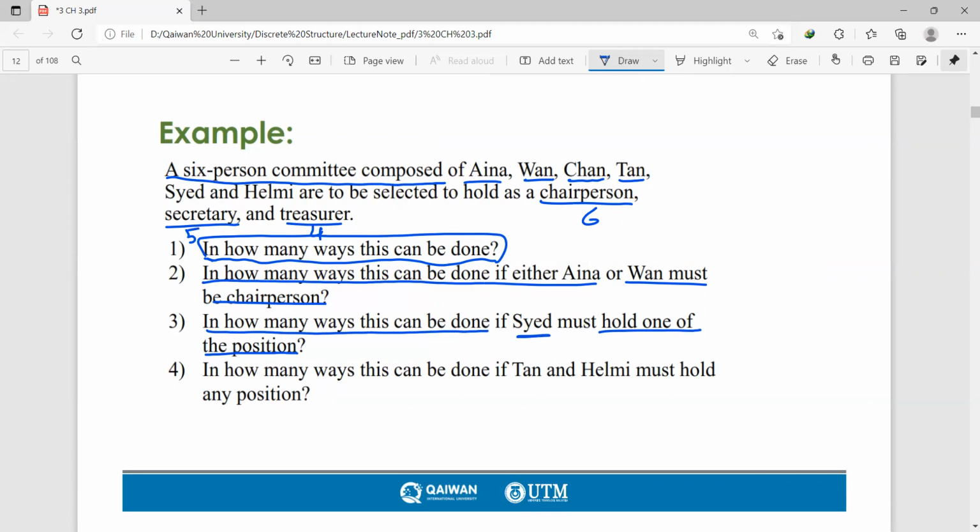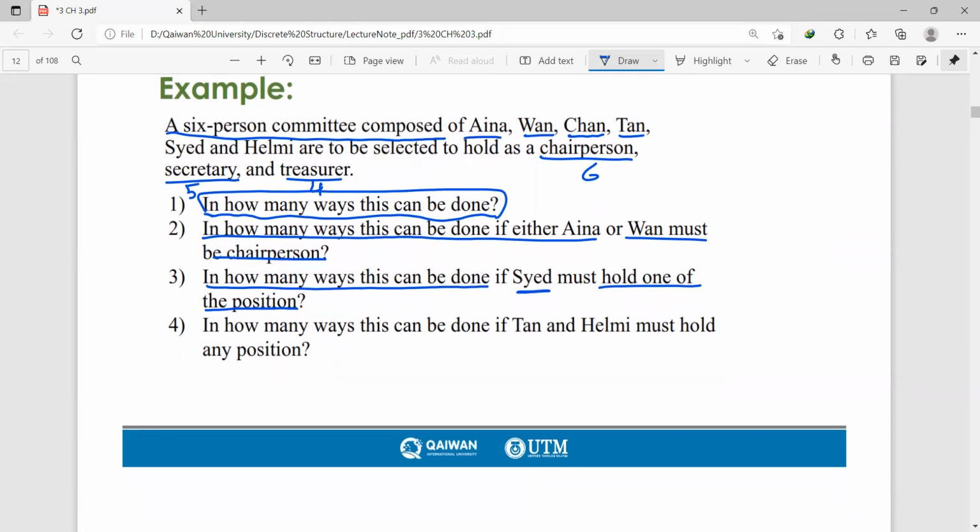Okay, that's it. And in question 3, it says, in how many ways can this be done? How can we fill these 3 positions with those 6 people, if Said must hold one of the positions? That means we have three options for Said: either chairperson, secretary, or treasurer.